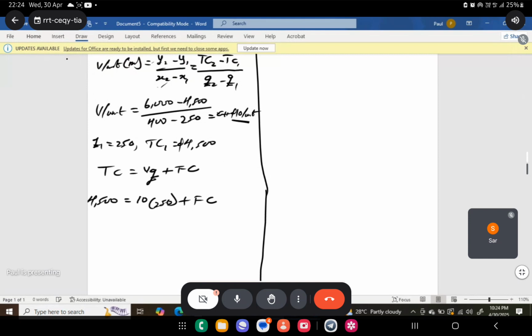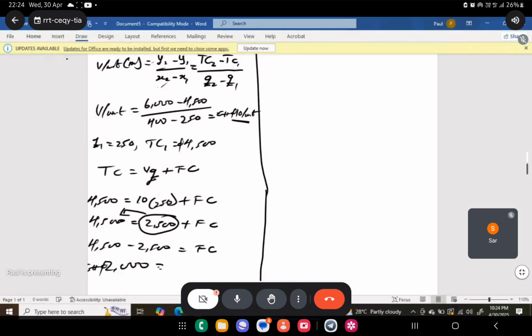So this time we get 4,500 equals 10 times 250, which gives 2,500, plus the fixed cost. From here, we do change of subject. We make fixed cost the subject. We get 4,500 minus 2,500 equals the fixed cost. So therefore, 2,000 cedis is the fixed cost.